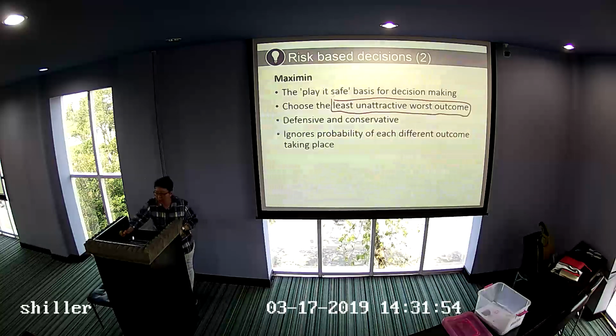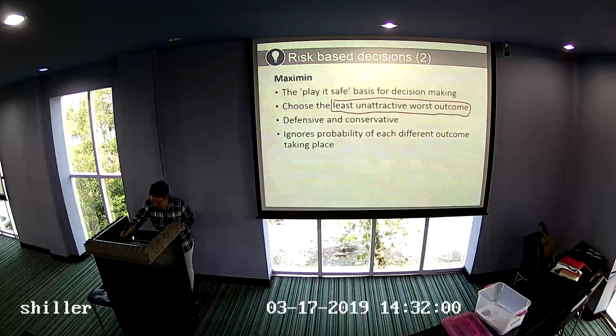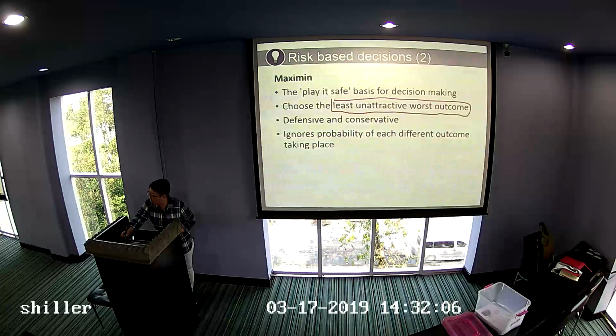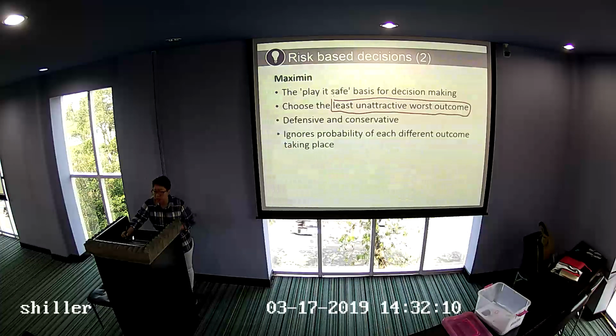He's very conservative, he's very defensive. He ignores the probability of the outcome, but he still chooses the lowest amount, the lowest outcome. So that's why in a maximin, he chooses all the lowest, but he will choose the maximum of the lowest.